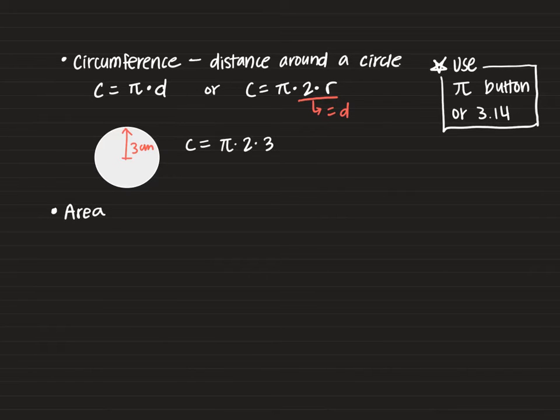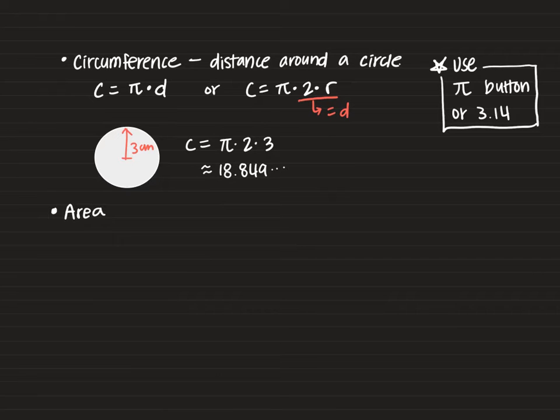I am going to use the pi symbol from my calculator, and for those using your cell phone, if you put your phone into horizontal mode, you can change your calculator into a more advanced one, so you can go ahead and do that. If I'm using the pi symbol, after you plug in all the numbers, you're going to have 18.8495, and then it will continue with more numbers.